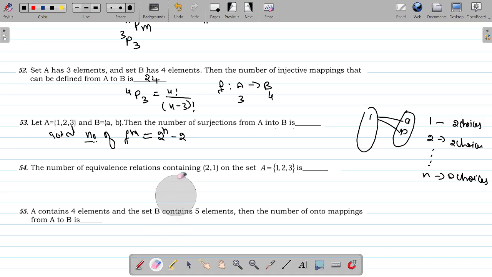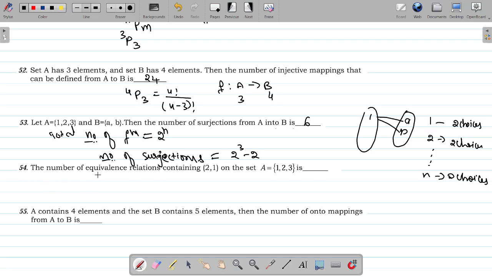Now the number of surjections is equal to 2 power n minus 2. What is n here? Cardinality of A. 2 power 3 minus 2. If you calculate this, you will get 8 minus 2, that is 6.